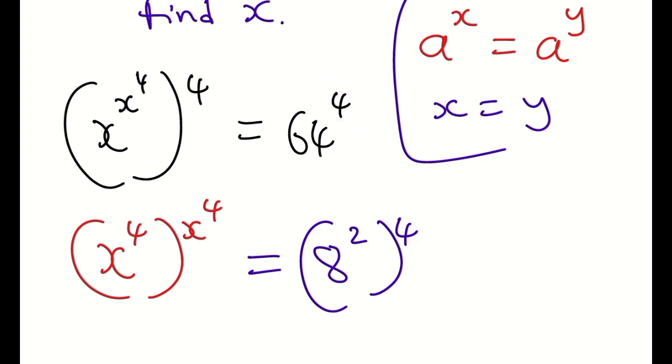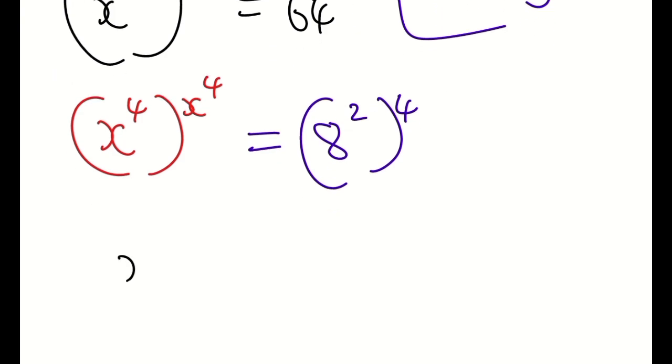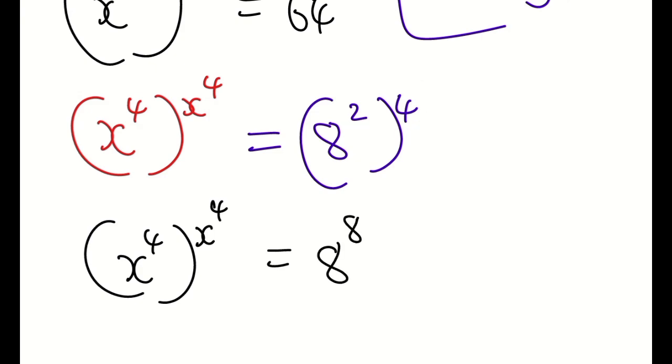Now, what am I going to do next? Do you know that I can multiply 2 and 4 to give me 8? Yes, I'll do that because I want the base and the power to appear the same. So this is x raised to the power of 4, all bracket x raised to the power of 4, is equal to 2 times 4, that's 8, so 8 raised to the power of 8.